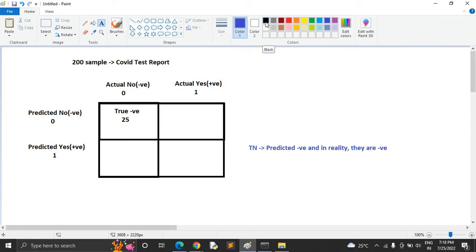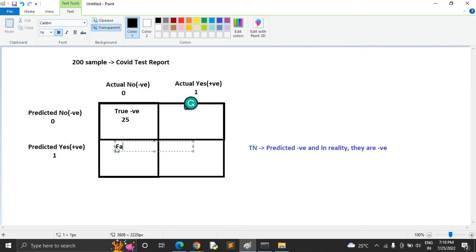Okay, scenario number two. Again, actual no, that is in reality इनको कोविड नहीं है, but if you see the second row over here, predicted yes, the model is saying that they are COVID positive. एक्चुअली इनको कोविड नहीं है, बट मॉडल क्या बोल रहा है कि कोविड है इसको. So this scenario over here is known as false positive.